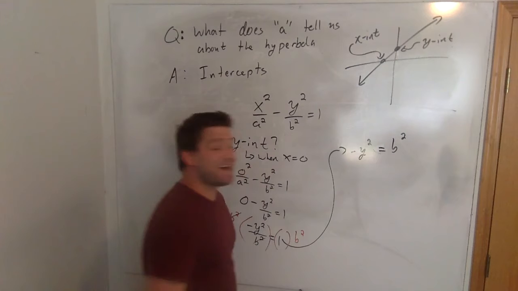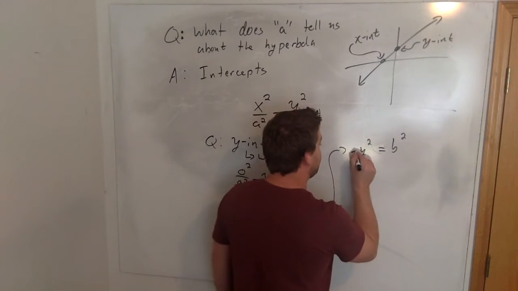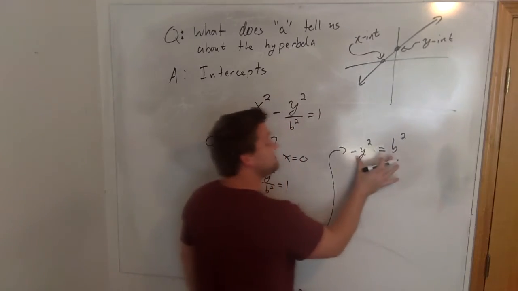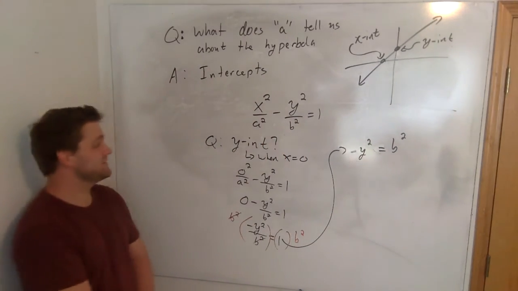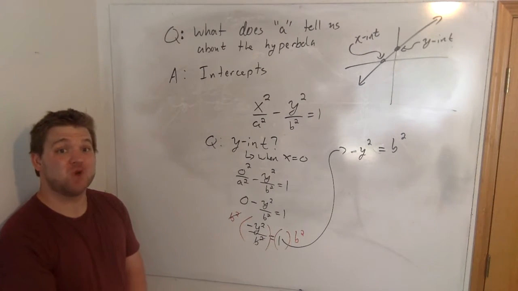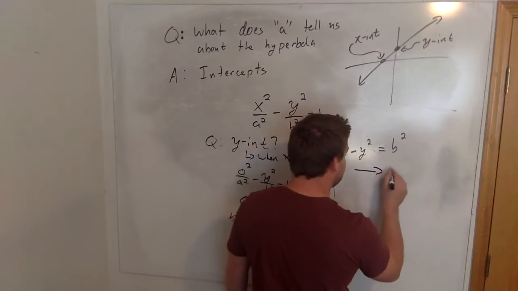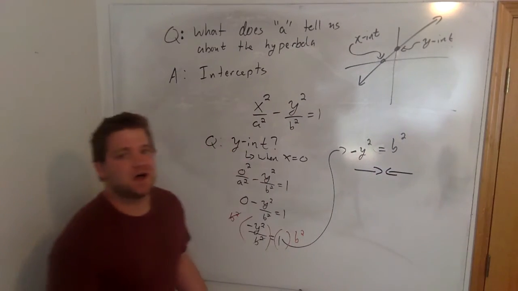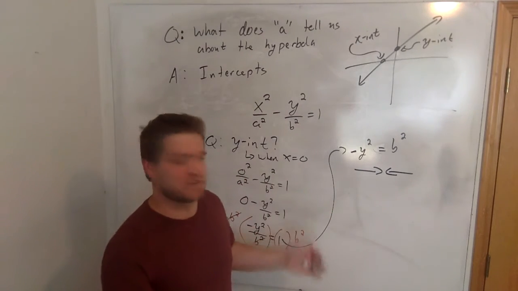Pause the video and ask yourself the question: does this equation make sense? The answer is no. This is a contradiction. This doesn't make any sense, and let's think about why. Also, if you ever see two arrows pointing towards one another, this means contradiction.